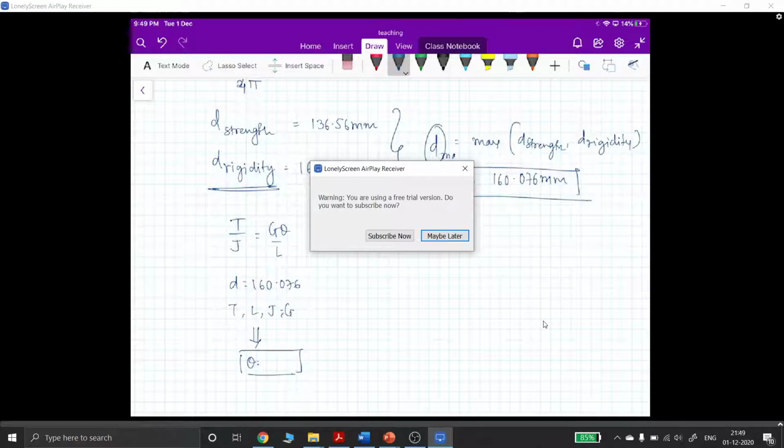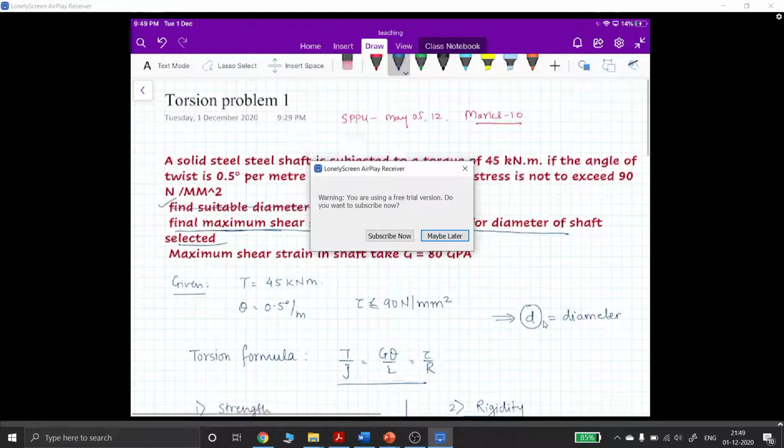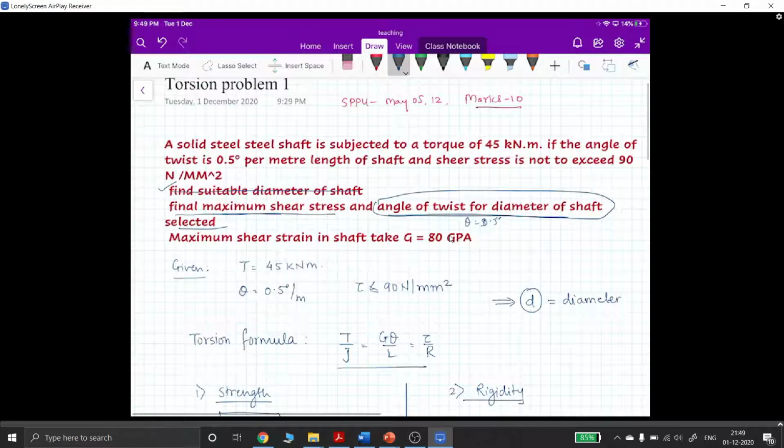So there is no need to calculate theta again. This part of the question is already known to us, or otherwise you can always write theta will be equal to 0.5 degree only.